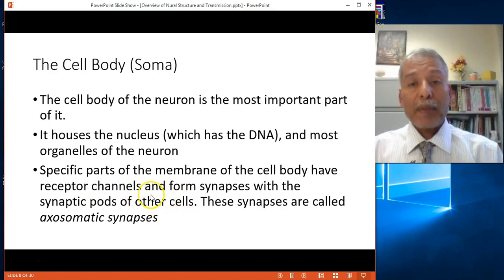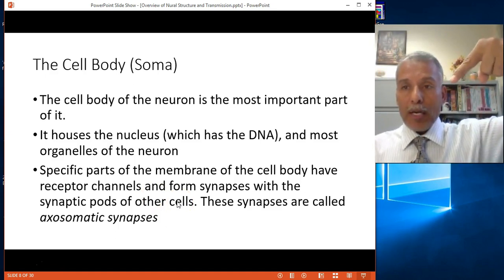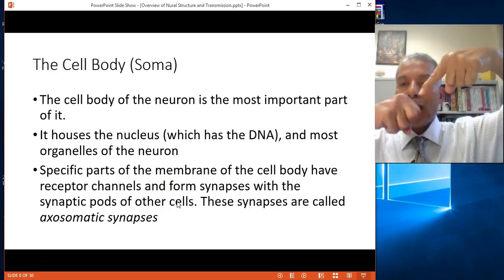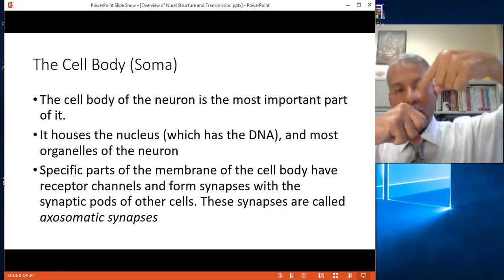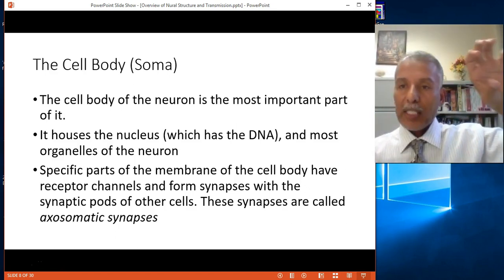If a synapse is formed between a synaptic terminal of a neuron and the body of another neuron that is going to get signals from it, that kind of synapse is called axosomatic, axo from axon.